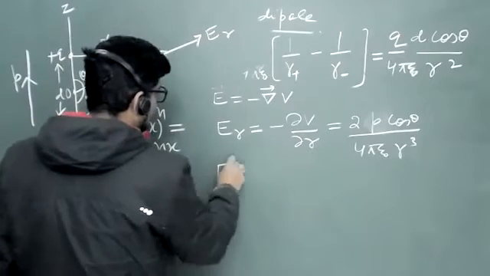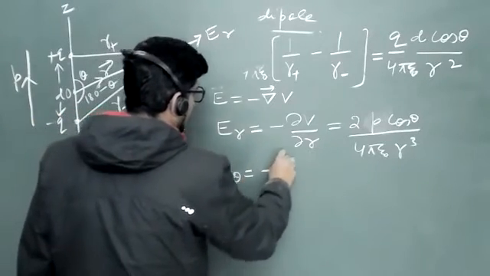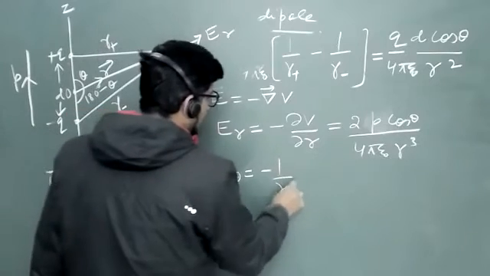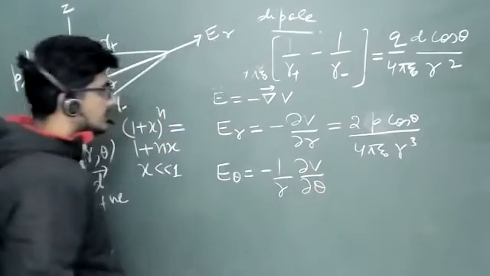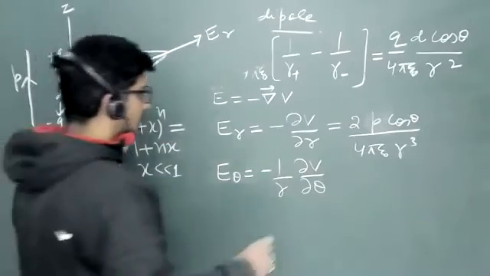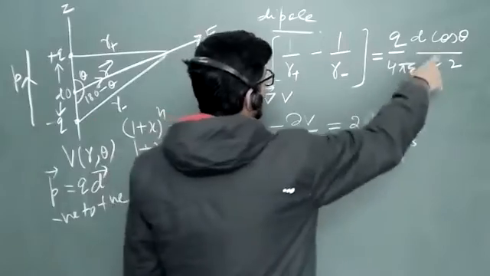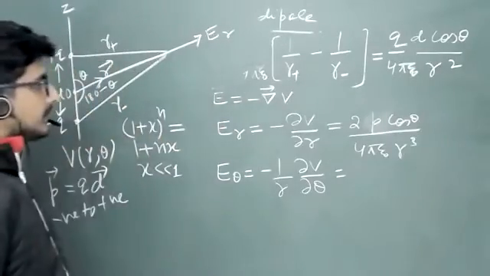So E theta will be minus 1 by R del V by del theta, right? So it will become cos theta का differentiation क्या होगा? Minus sin theta.